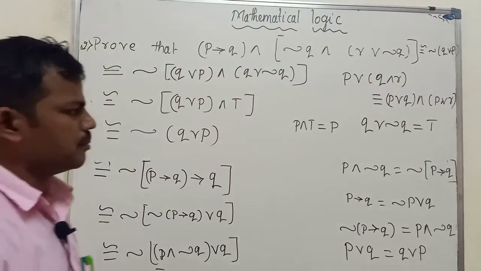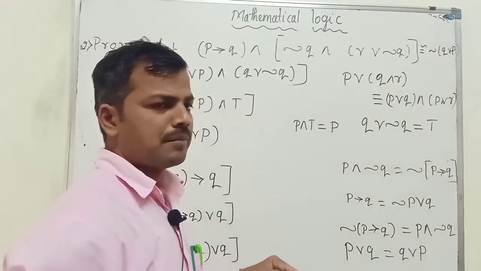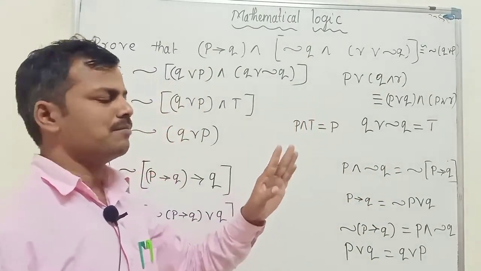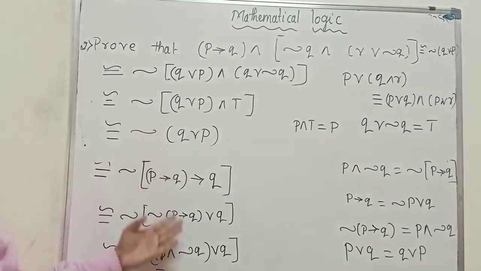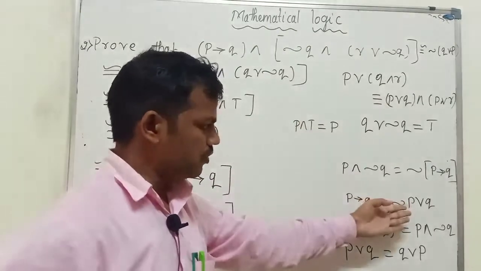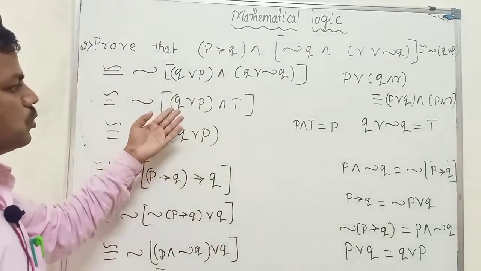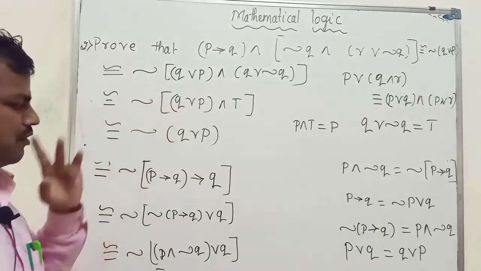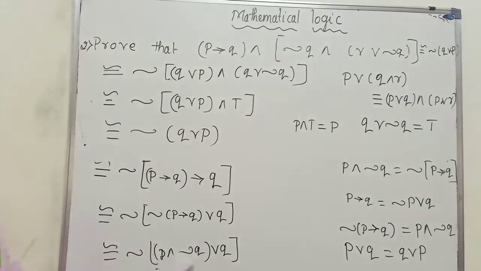If you remember these laws, they are important to solve and simplify. If you don't know the laws, it is not possible to solve or simplify. These are very important laws which we have to remember, which we studied in the previous video classes.